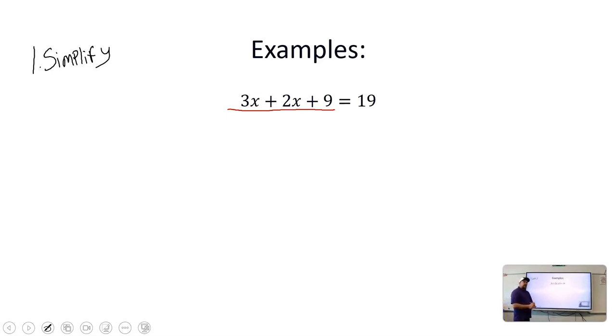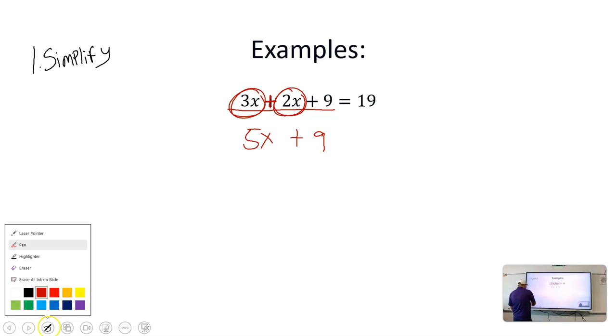Are there any like terms that can be combined? Yeah, we have like terms. So we have this 3x, and we have this 2x. Those are like terms because they both end with x. So we're just going to add them together, just like it says in between them. 3x plus 2x is 5x. And then that 9 doesn't have any like terms, so we're just going to bring that down, and we end up with a 5x plus 9.